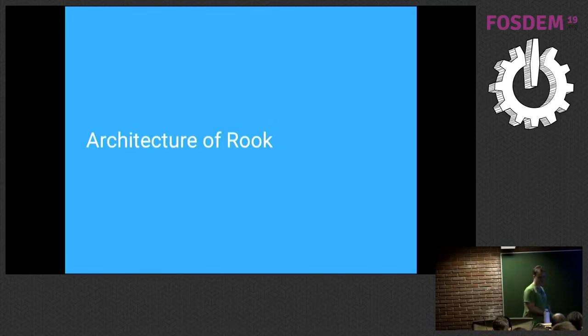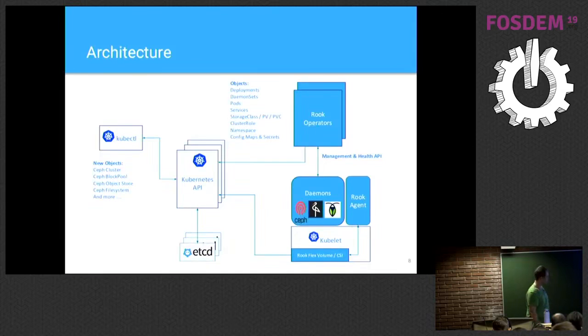The architecture of Rook goes a bit into Kubernetes right now, as we take a general look. We have the Kubernetes API. We have our client utility, which we can use to talk with the Kubernetes API. Kubernetes uses etcd as the data store for the API objects.